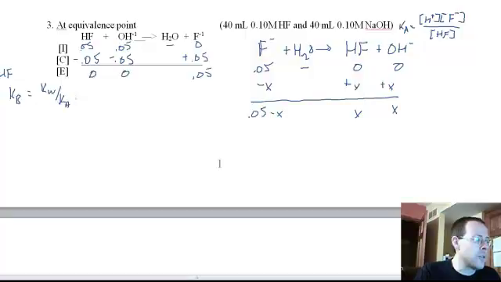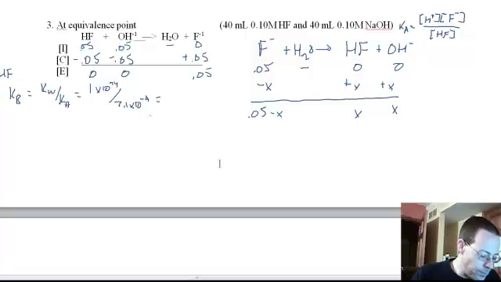So we set 1 times 10 to the negative 14th divided by 7.1 times 10 to the negative 4th, and we find out that Kb equals 1.4, my bad, times 10 to the negative 11th.